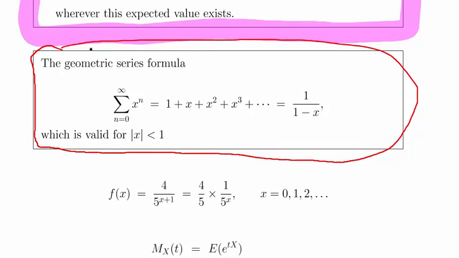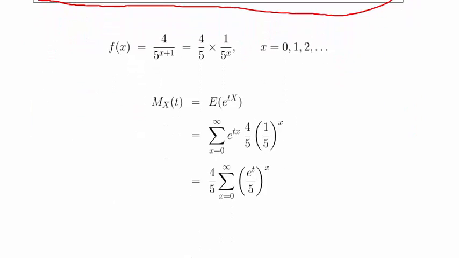One we're going to use in this video is the summation of a geometric series, which is the summation of each consecutive power of x, x squared, x cubed, and so on, and can be written as 1 over 1 minus x, valid for absolute value of x less than 1. We'll keep that in mind for later on.